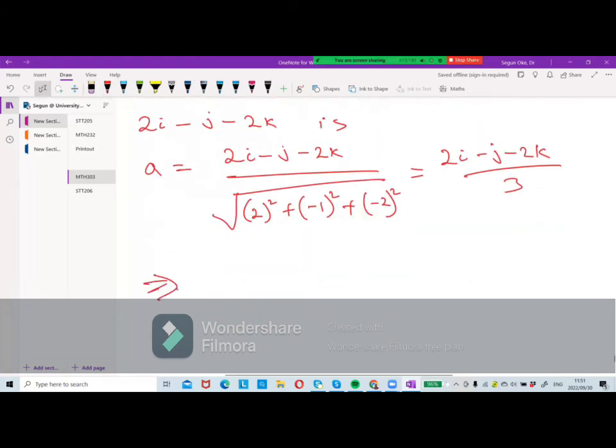So at the end, you have 2 over 3 i minus 1 over 3 j minus 2 over 3 k. So that's what we have.